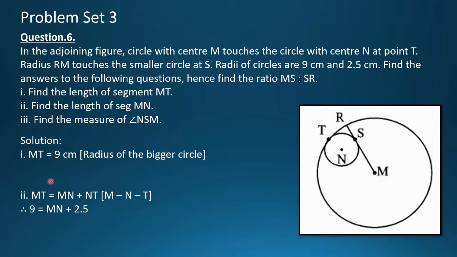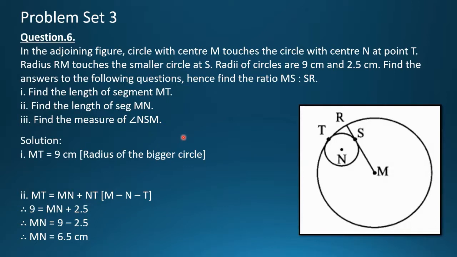MT is 9 centimeters and NT is 2.5 centimeters, which is given in the question. So if we take this 2.5 on the other side, we'll get 9 minus 2.5. So MN will be 6.5 centimeters. So the length of segment MN is 6.5.